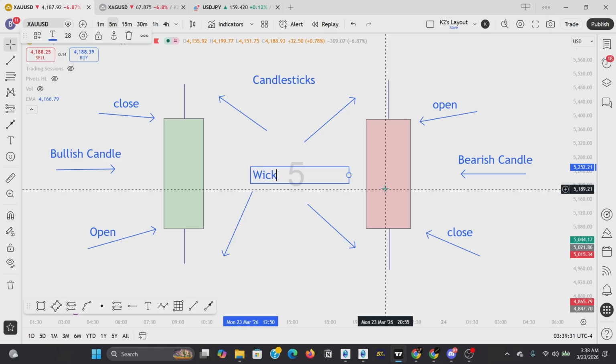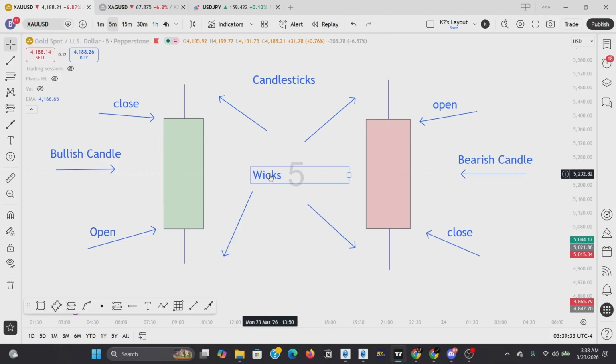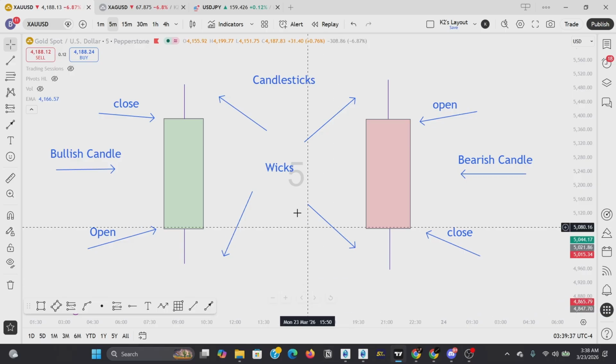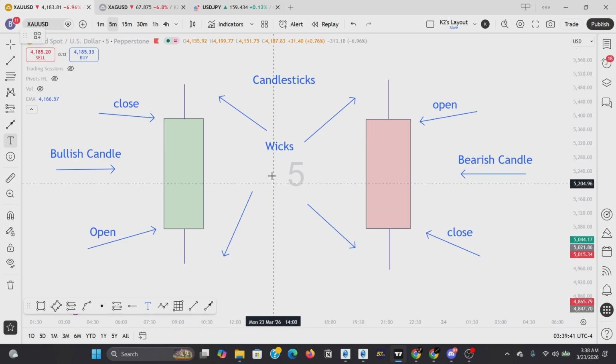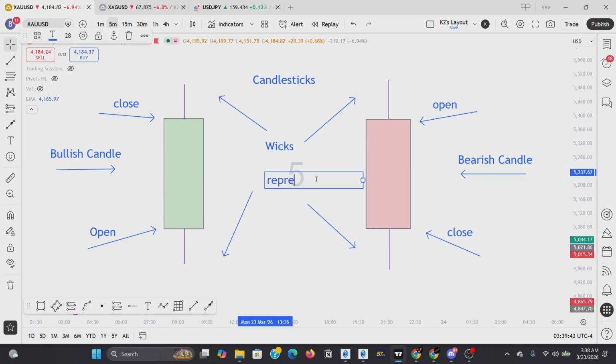They are called wicks. Now, what do wicks mean? A wick represents the highest and lowest that price got during the candle.